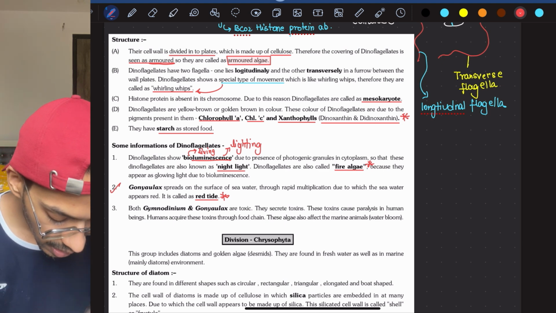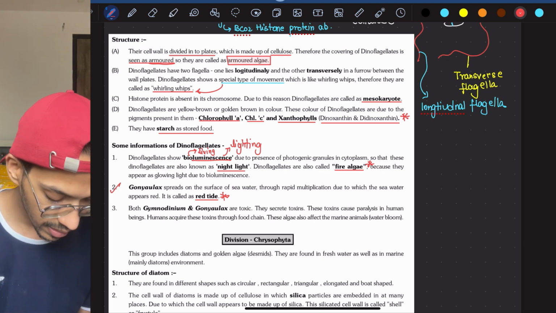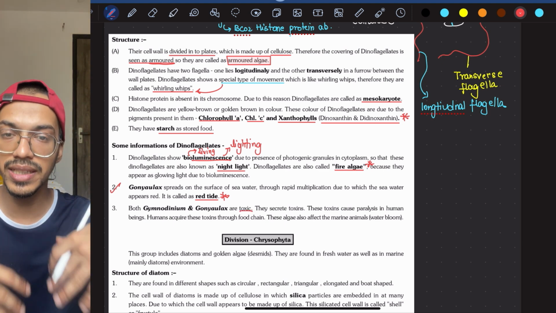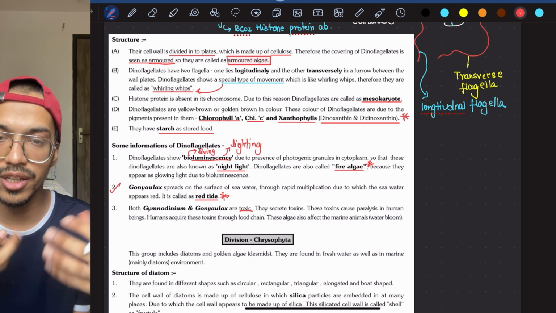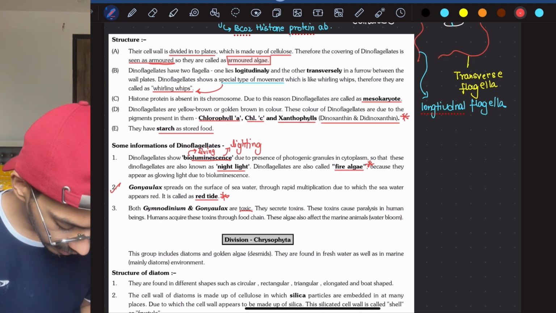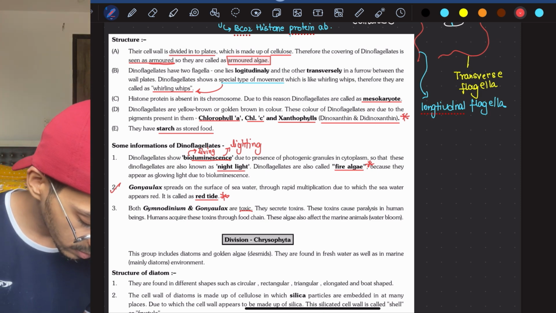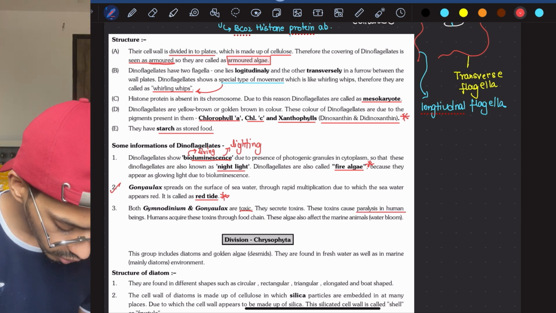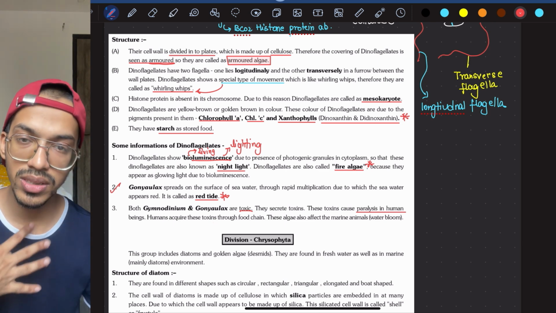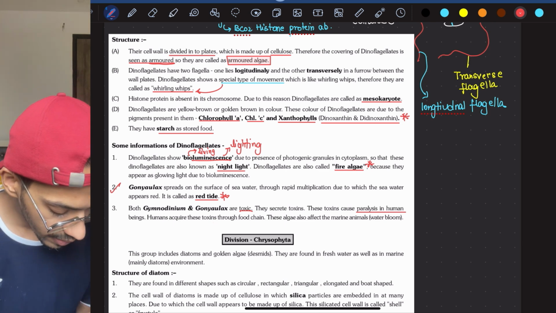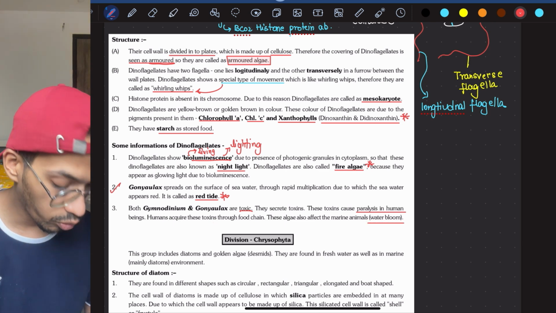Okay, next, Gymnodinium and Gonyaulax are toxic. If they are more in number, they secrete a toxin and the life forms over there will die. If humans also take it, it can cause paralysis in humans, because humans also eat it. So this toxin can cause paralysis in humans, and it is a major effect of water bloom.